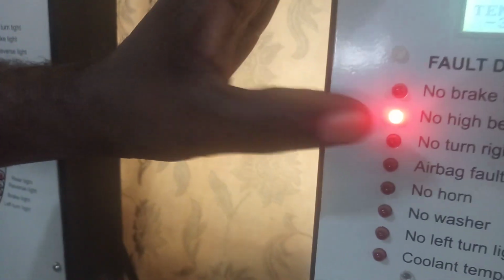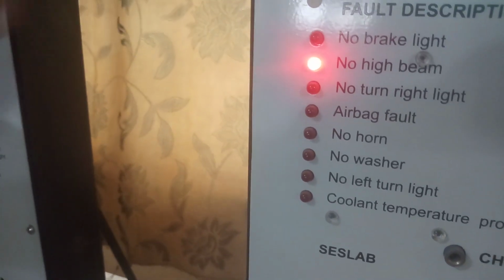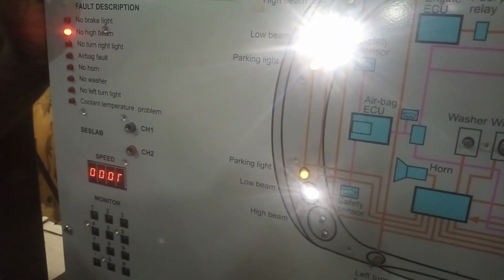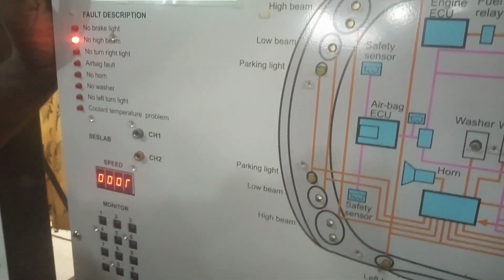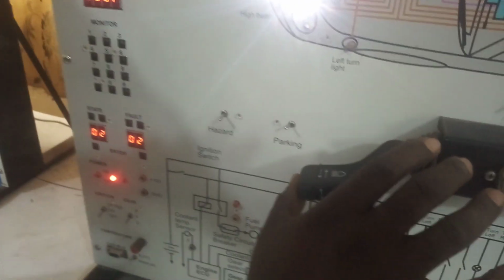Which is no high beam, and you enter. The light shows you that there's a problem with the high beam, which is full light. So let's attempt putting on the full light and see. You can see that it cannot show.